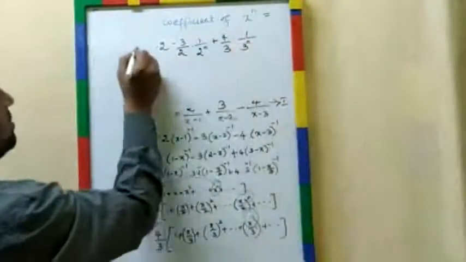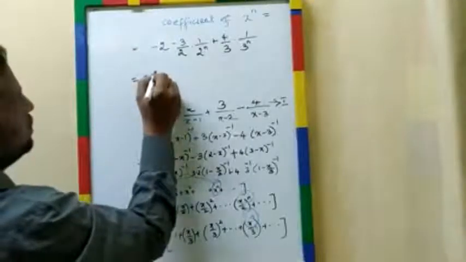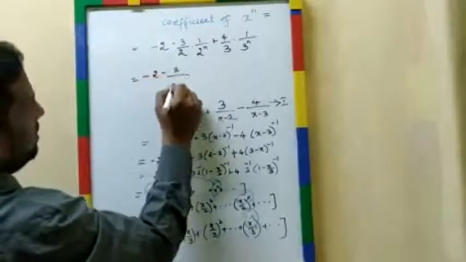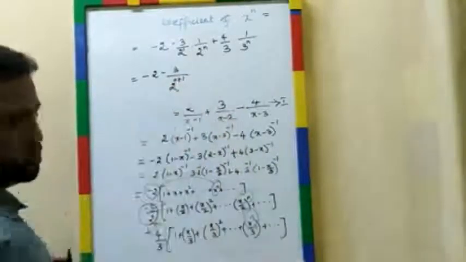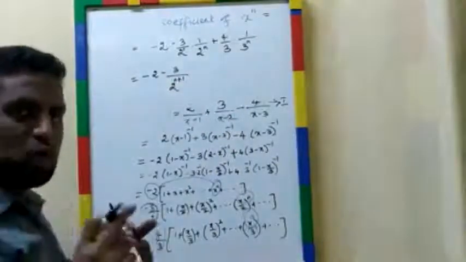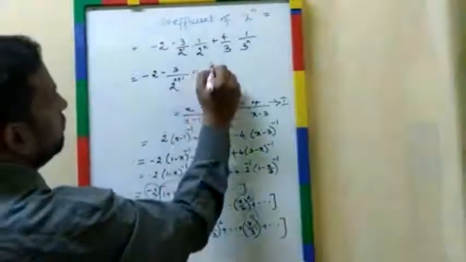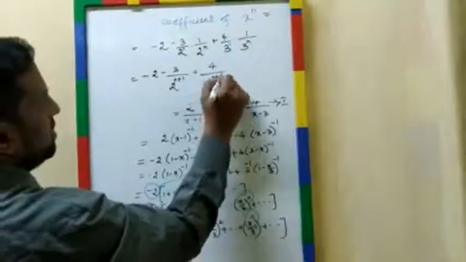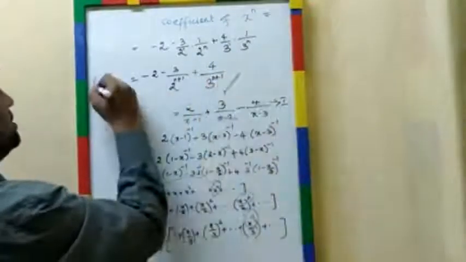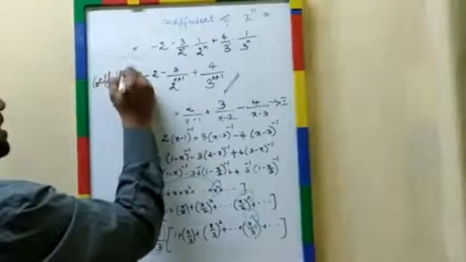So this is nothing but minus 2 minus 3 by 2 power n into 2 power 1, so 2 power n plus 1. So for the multiple terms, powers you have to add. 4 by 3 power n, 3 power 1, nothing but 3 power n plus 1. This is the coefficient of x power n.